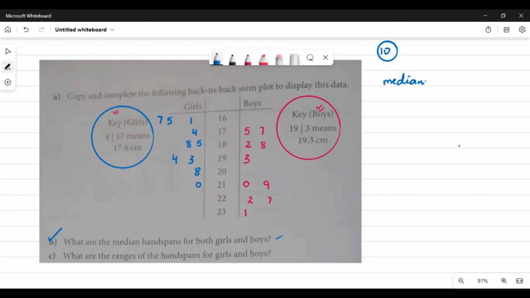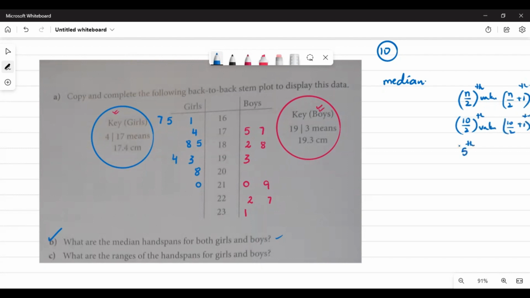For an even number, the formula is the n over 2 value and the n over 2 plus 1 value in the data. My n is 10, so the 10 over 2 value and the 10 over 2 plus 1 value in the data.